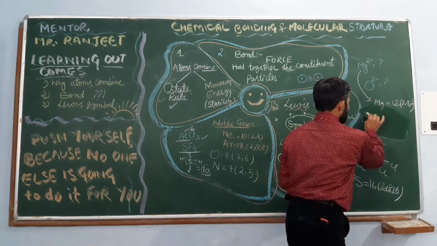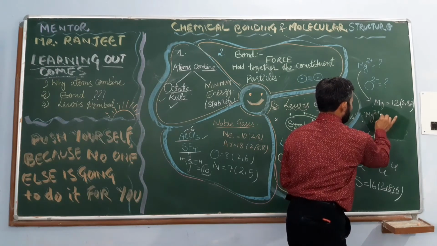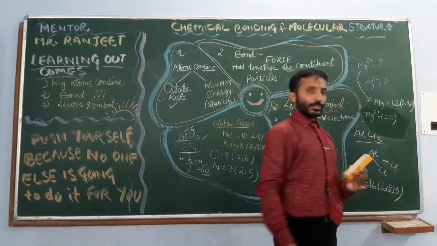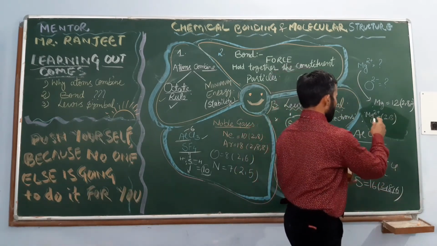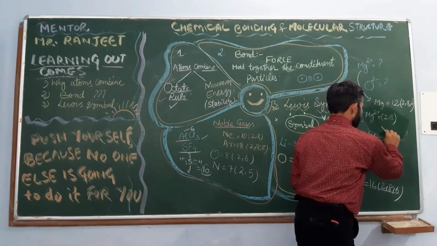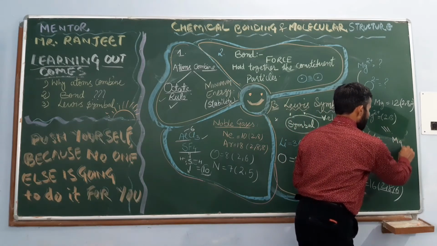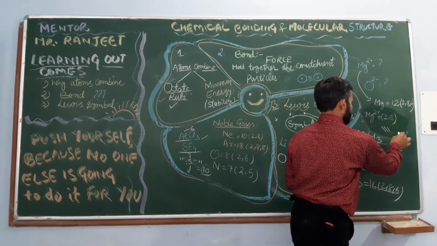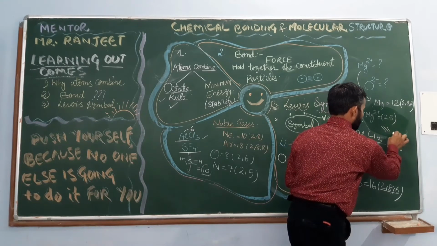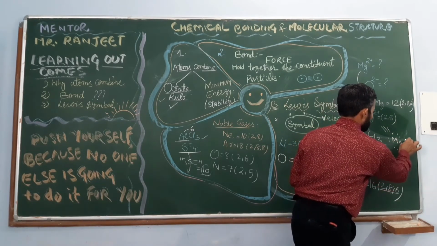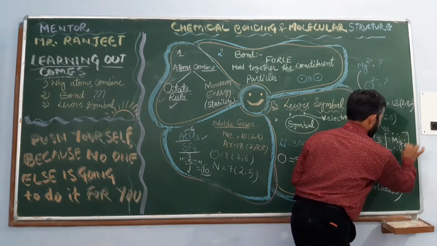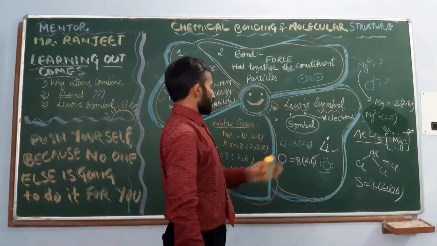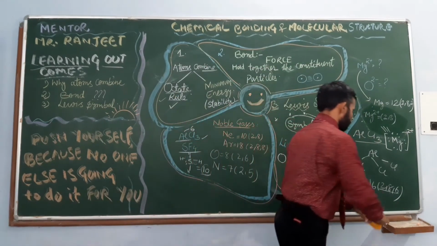After losing 2 electrons, the configuration is 2, 8. Write the symbol Mg, 2 positive. First I will put the electrons: 8 are there, 1, 2, 3, 4, 5, 6, 7, 8, and this way square bracket with 2 positive. This is the way to write the dot structure for magnesium.